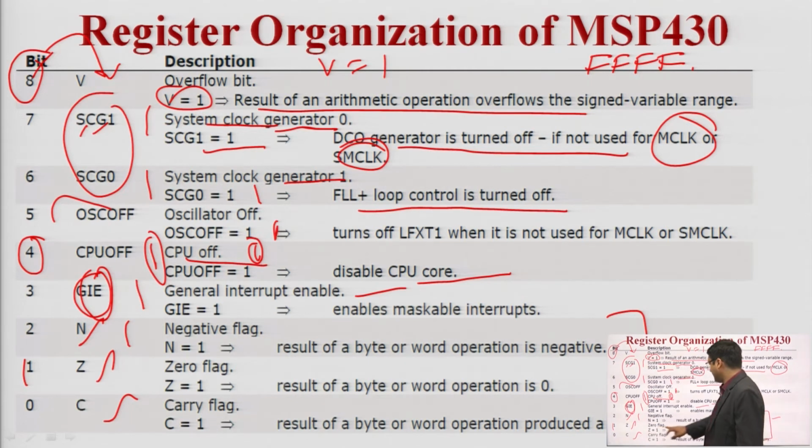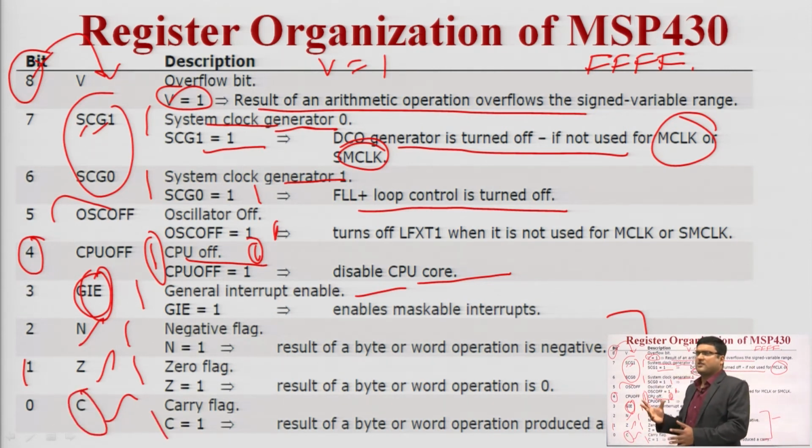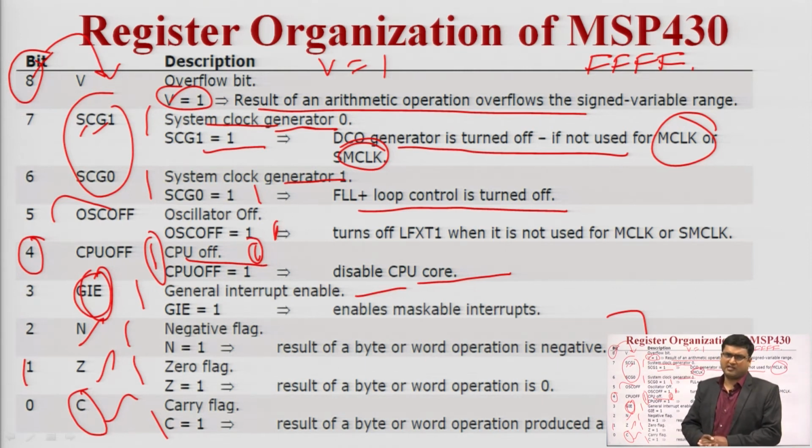If the result of the operation is 0, the zero bit will be set, that is, it has a value of 1. If there is a carry out of the D7 bit, that is from the MSB, then the carry bit will be 1. So each bit has a function according to whether it is set or reset, and its operation depends on that.